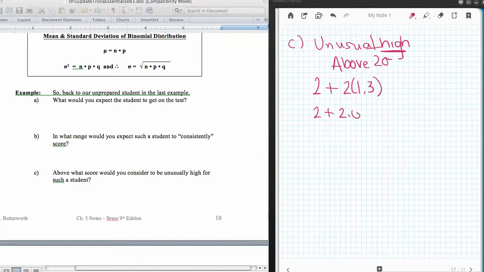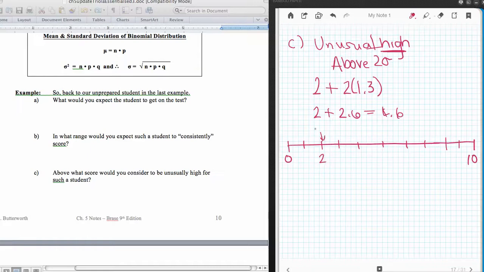2.6, or 4.6. So what we're looking at here is on the number line, right, 0, 1, 2, 3, 4, 5, 6, 7, 8, 9, and 10. So here are all of our possible number of correct problems, right? Here's your average right in here.